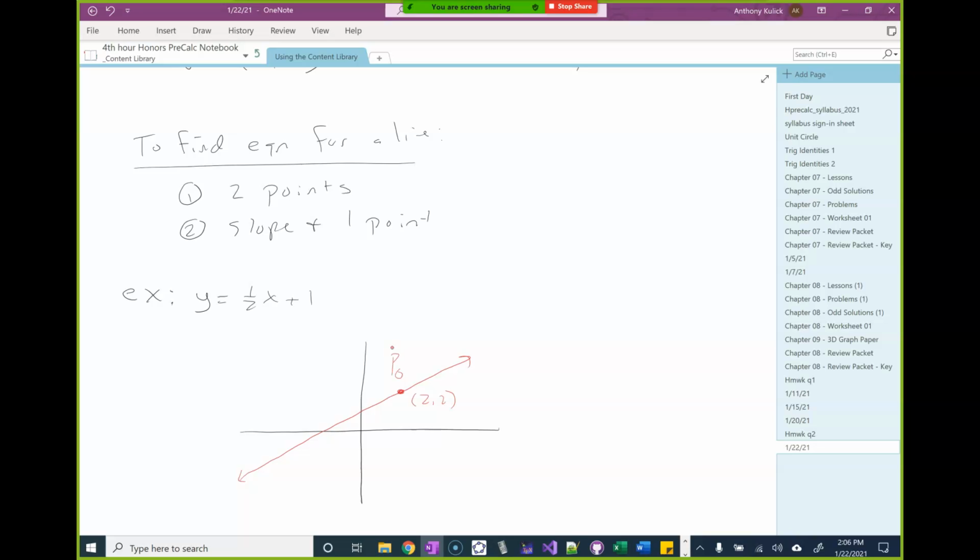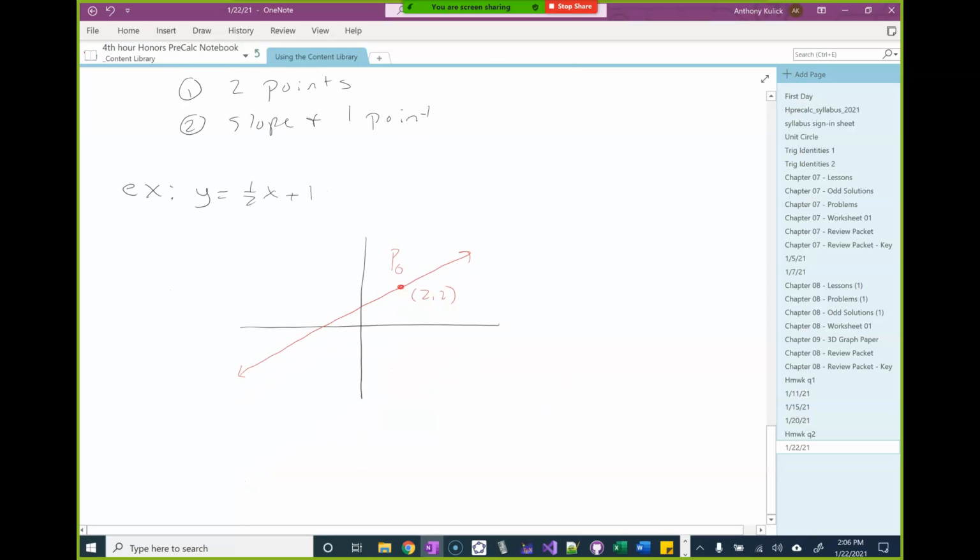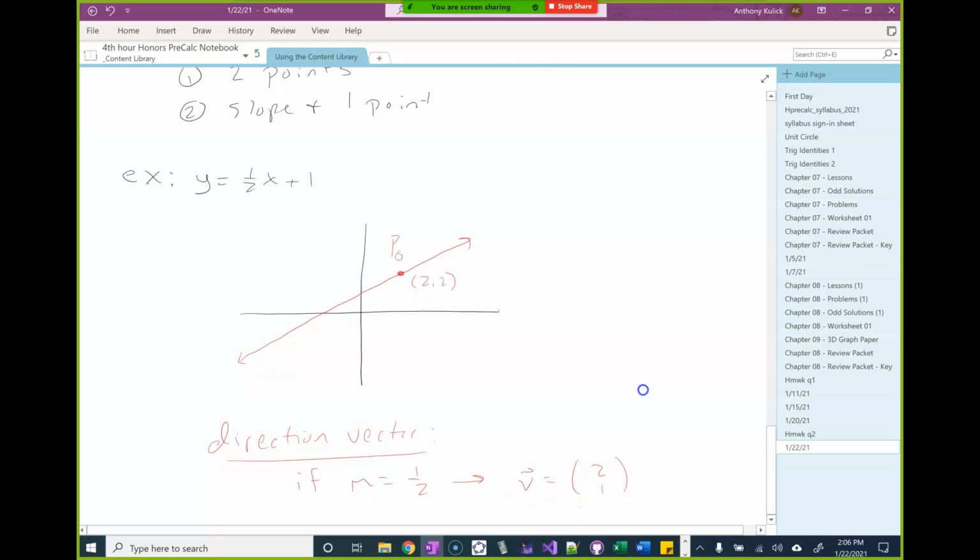To get the direction vector, what we'll use is the slope. So if our slope is 1 over 2, our direction vector is just going to be 2 over 1.